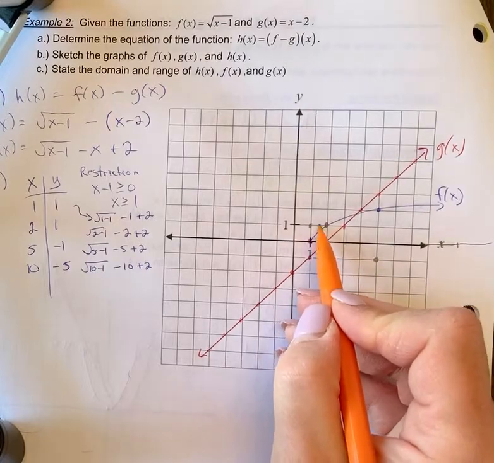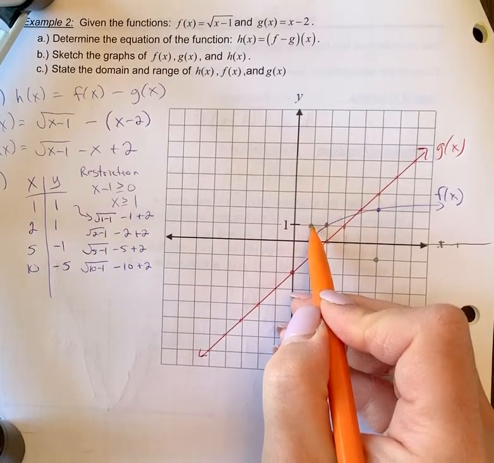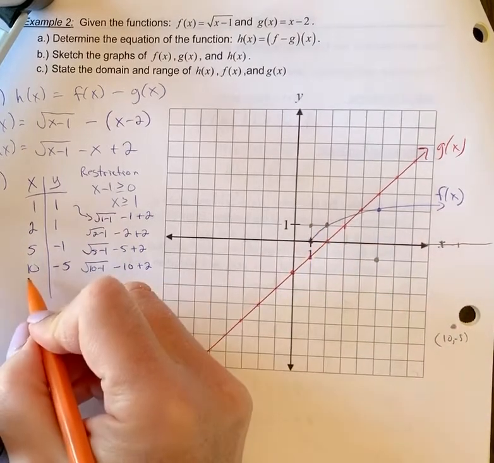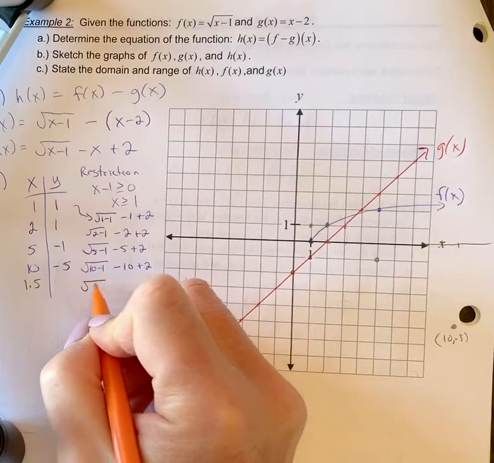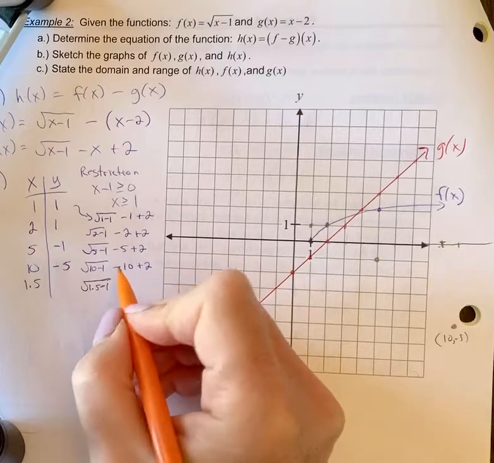Now, we don't necessarily want to assume that this is a perfectly horizontal line. We kind of got lucky there. So if you didn't have a calculator, you kind of don't know, but I don't think it's such a rigid line. So I would test one more point. So I would try 1.5, which you would need a calculator for. So if you've got your calculator nearby, put that in your calculator.